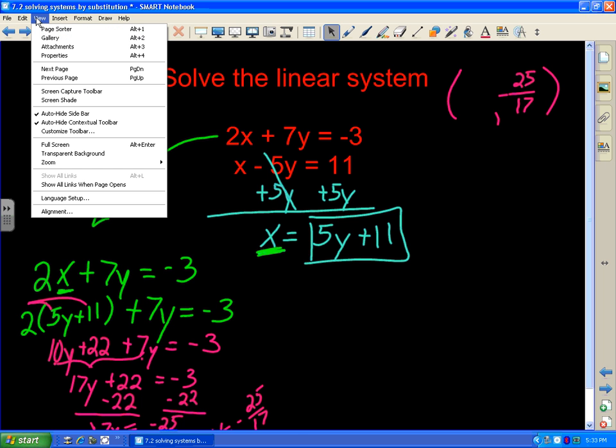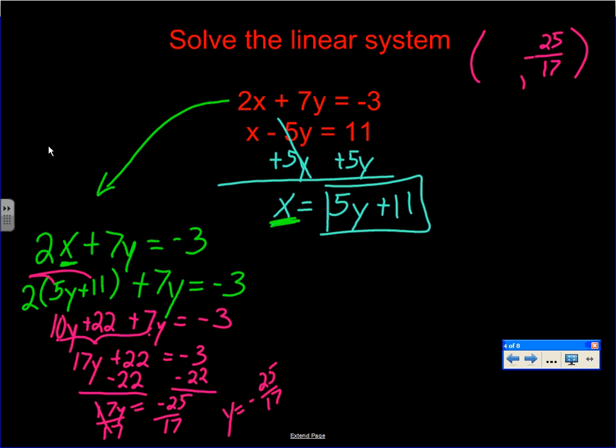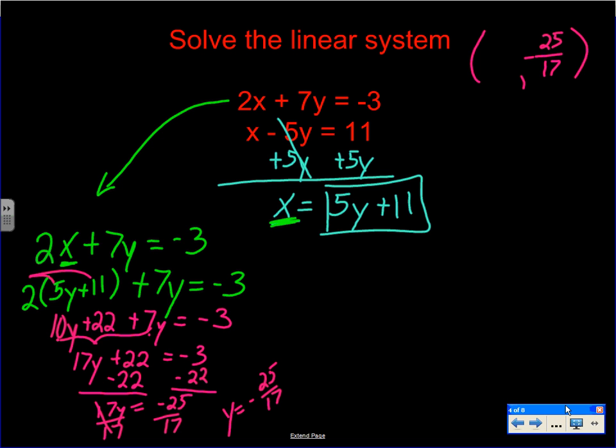Well, we already know what y is, so we're going to plug what we have in for y. We're going to plug it right in there for y, because that'll give us what x is equal to. So we have x is equal to 5 times negative 25 over 17 plus 11.